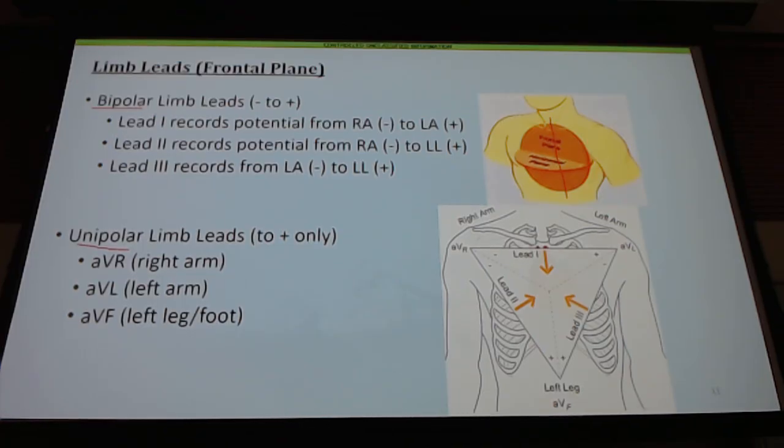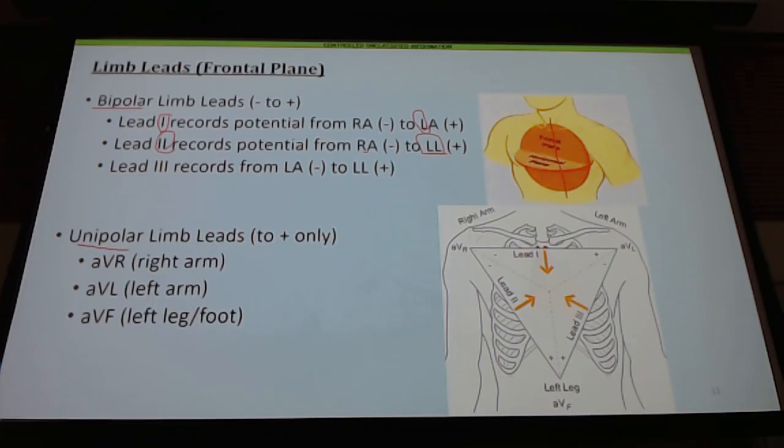To help you learn which leads are involved in the bipolar leads, look at what the lead number is, and that will tell you how many L's are in the leads, okay? So lead 1 is your right arm to your left arm, so 1 L. Lead 2 is your right arm to your left leg, 2 L's.